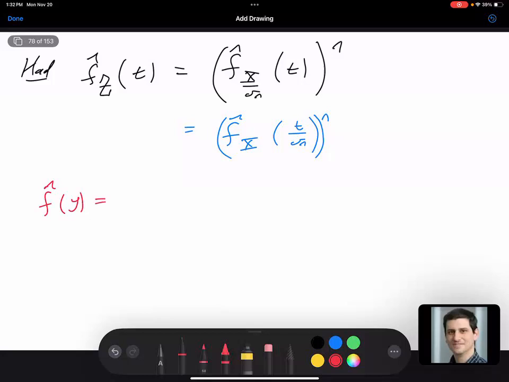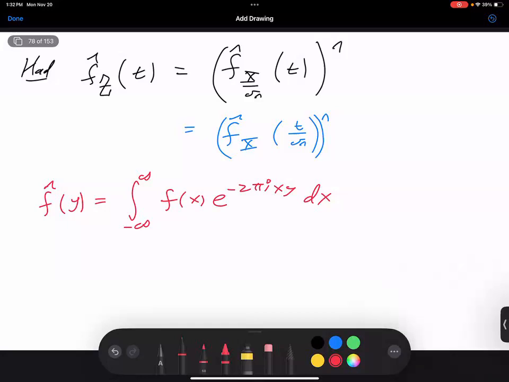So this is the integral from minus infinity to infinity of f of x e to the negative 2 pi i x y dx. When in doubt, assume that there's very little you can do in life and milk it for all it's worth. What value of y would make your life easy? 0.